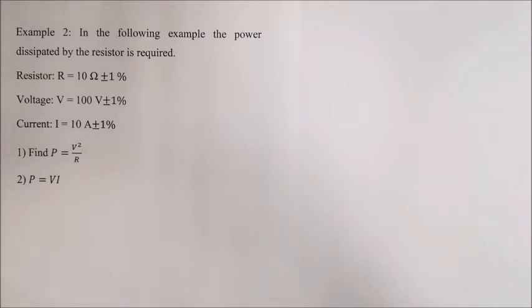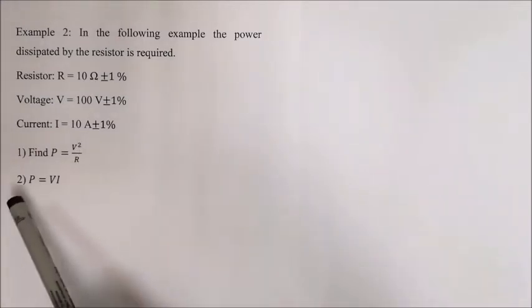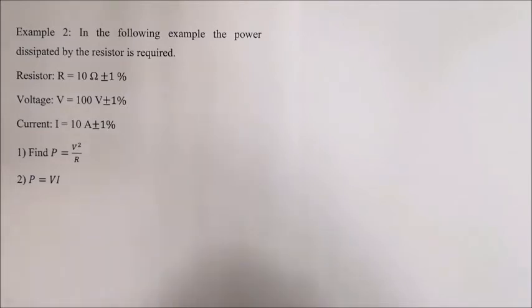As you might be aware, there are two ways to calculate power. It's either V squared over R, or power is equal to voltage multiplied by current. So for this specific scenario, which equation should we use?